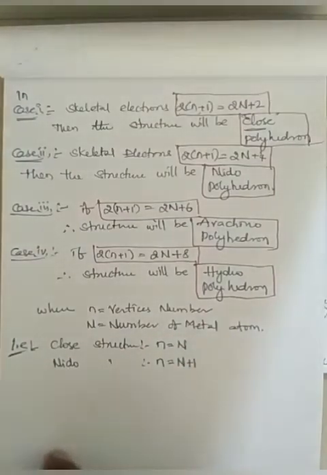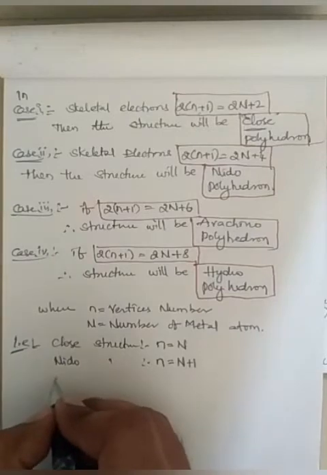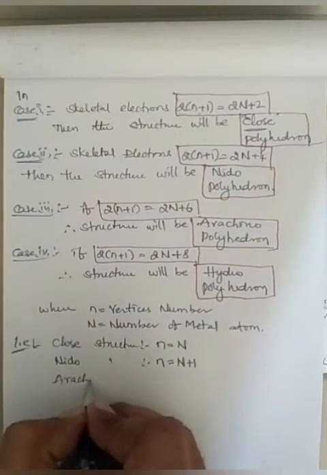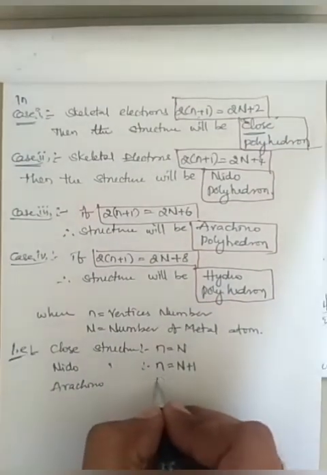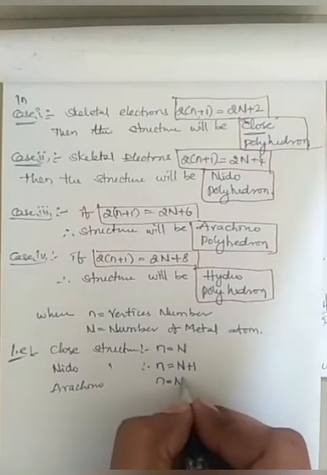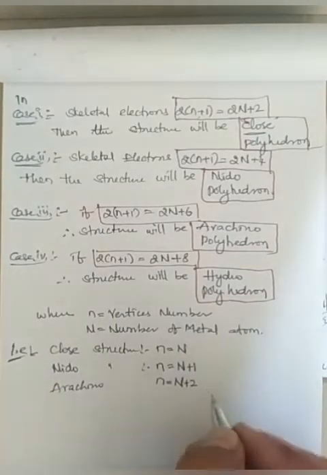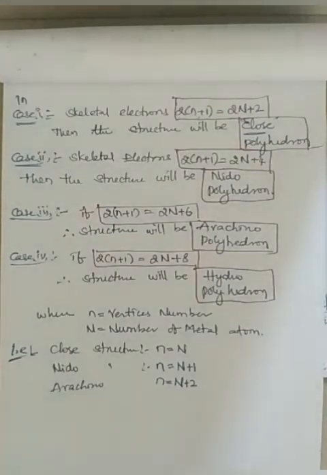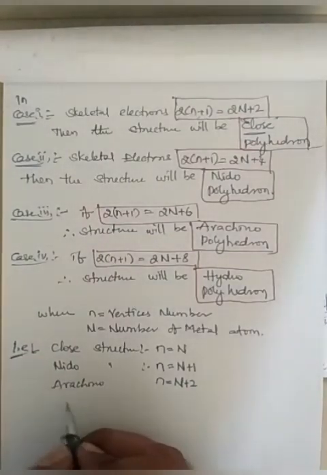Like that, when it comes to Arachno, the vertices number will be equal to capital N plus 2, which means two metals will be missing from the polyhedron.